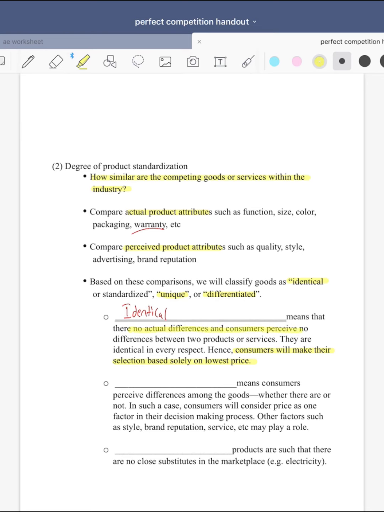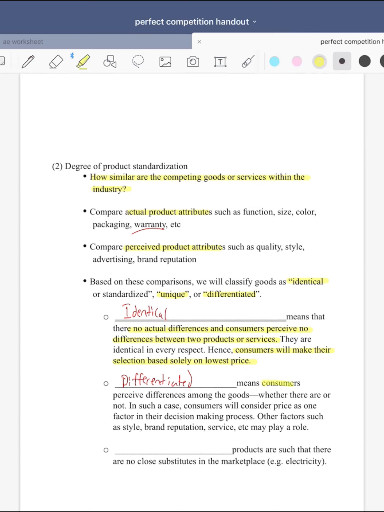So if I believe that Great Value and Dean's Milk and Prairie Farms Milk are all identical goods, if I'm at Walmart, I'm going to make my decision on the 2% milk that I buy based on whichever one is the cheapest. So once again, identical goods mean that there are no actual differences and consumers perceive there to be no differences between the two products.